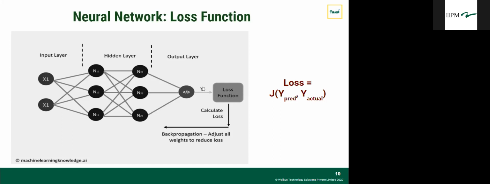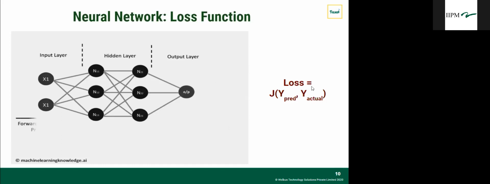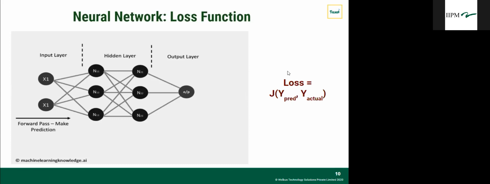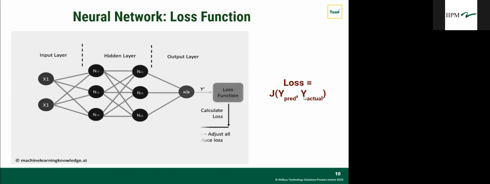Now, that output is matched with the actual y value. So in the first iteration, the y predicted value is calculated, and then that is compared with the actual value using a loss function. Loss function could be different. It could be as simple as an error, which is y actual minus y predicted, or it could be absolute error, where you take the absolute value of the difference between y actual and y predicted.